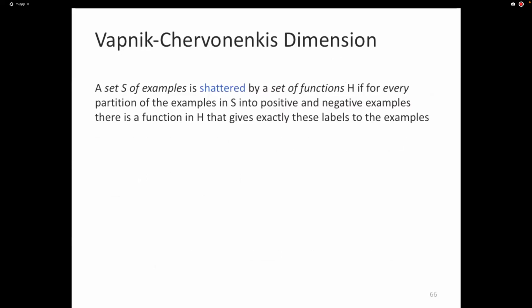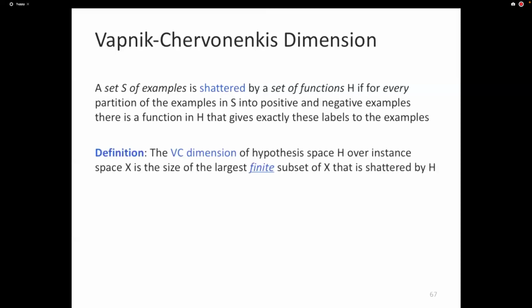A set of examples is shattered by a set of functions if for any way in which the set of examples can be partitioned into plus and minus, there's a function that agrees with that label. The VC dimension of a hypothesis space is simply the size of the largest finite set of points that can be shattered.